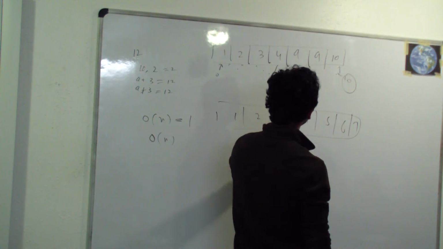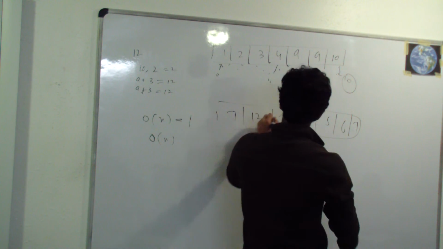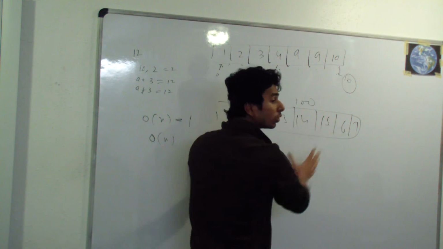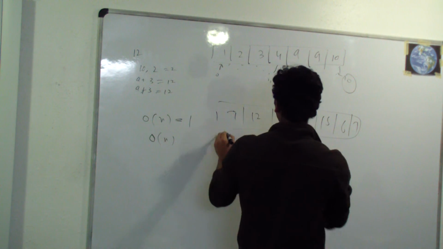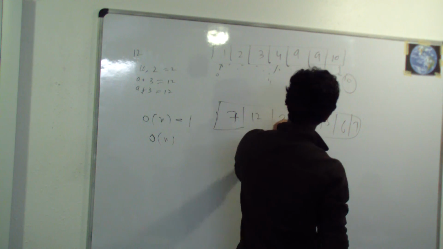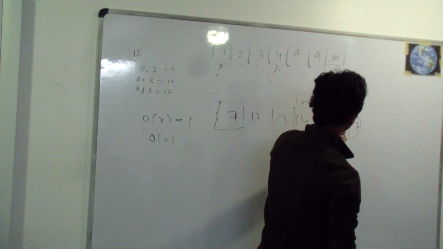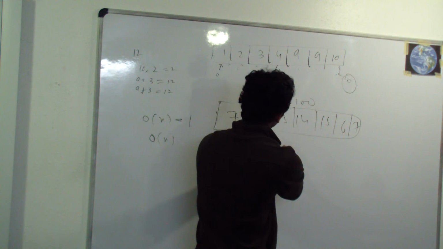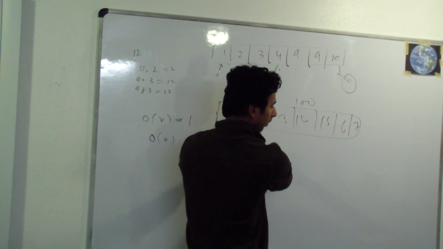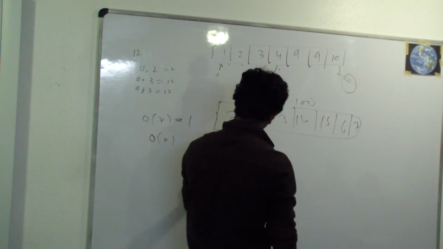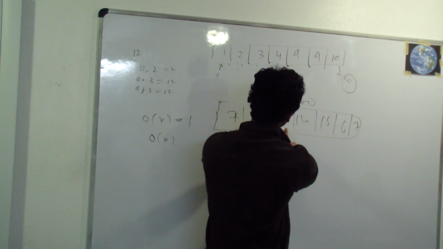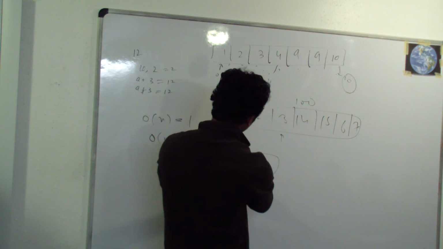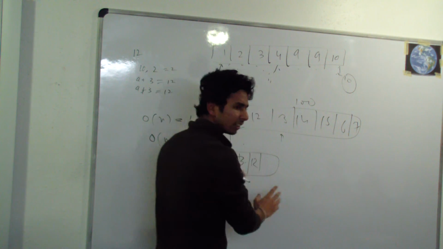In bubble sort, we compare one element against another and swap it. We were sorting, and our array was 7, 12, 3, 14, 15, 6, 7. We start from here and do an immediate swap. 7 and 12 stay the same, but then you go to 3, so 3 and 12 are swapped.